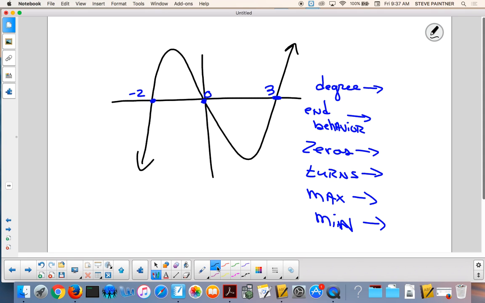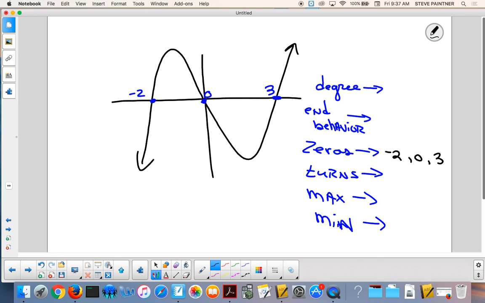There's two things up here that are very obvious. Well, actually, three things. Zeros are obvious. What are they? Here I'll put -2, 0, and 3. What else is pretty obvious? Turns.